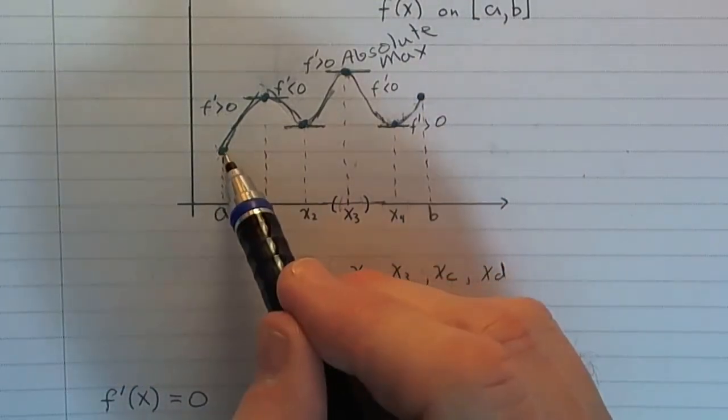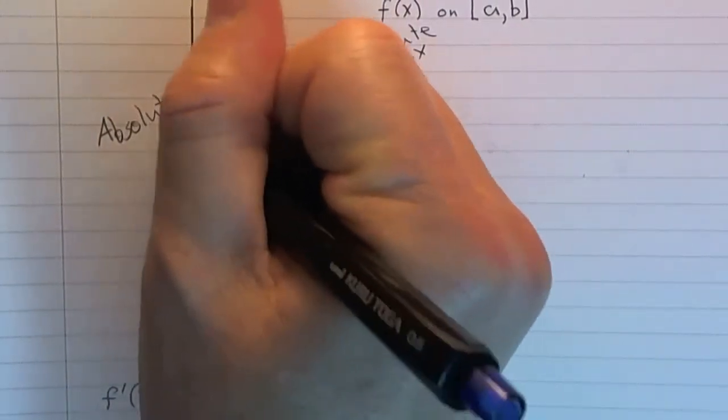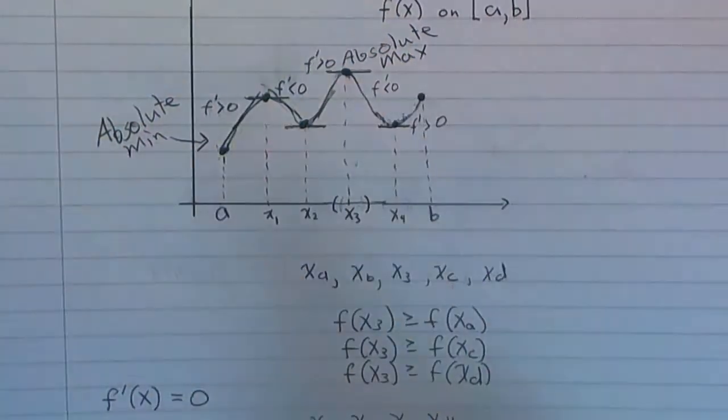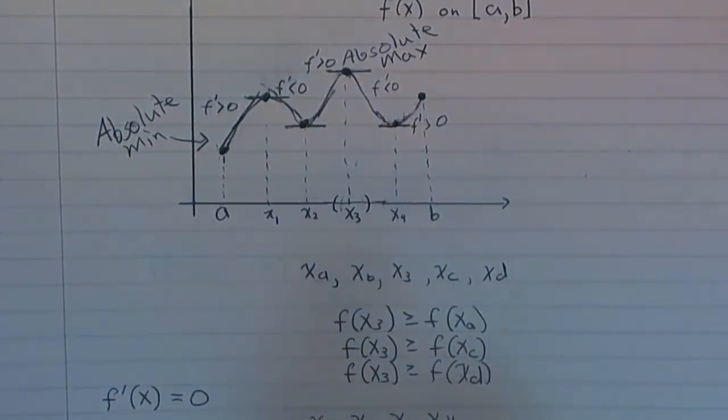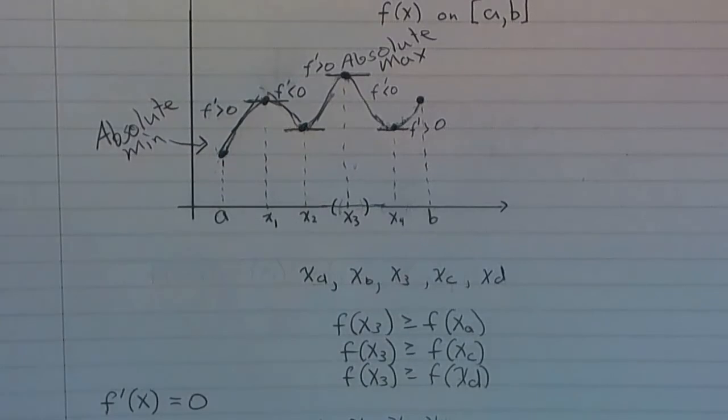Now there's also an absolute min over here. This one right here is an absolute min. Right there, absolute min. So here's the thing. It's at the endpoints and at the critical numbers where maxes and mins occur.